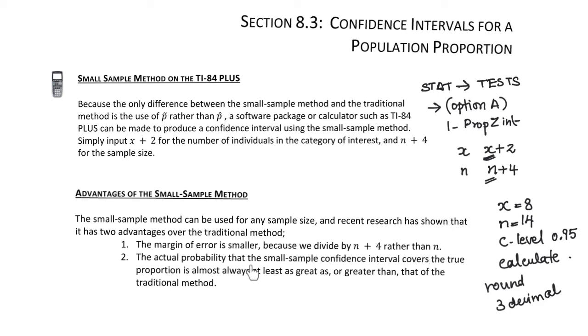Second, the actual probability that the small sample confidence interval covers the true proportion is almost always at least as great as or greater than that of the traditional method. This holds for confidence levels of 90% or more, which are the levels commonly used in practice.